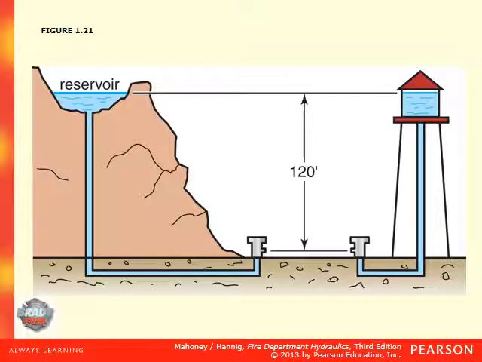So here's an excellent example how you have your water supply and reservoir being, say, 120 feet high, or a water tower 120 feet high, and it's pressurizing the line because of our principle of the water getting pushed down. And then, of course, the pressure down here is known as the head pressure.